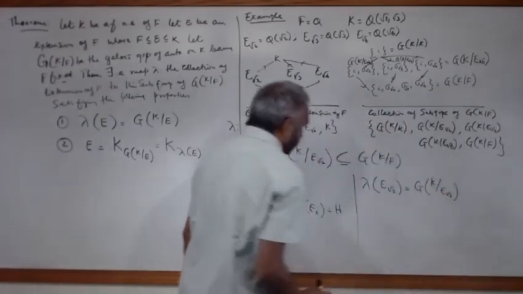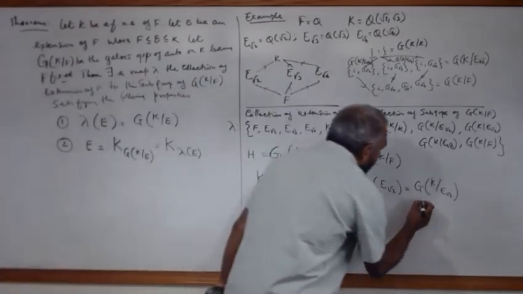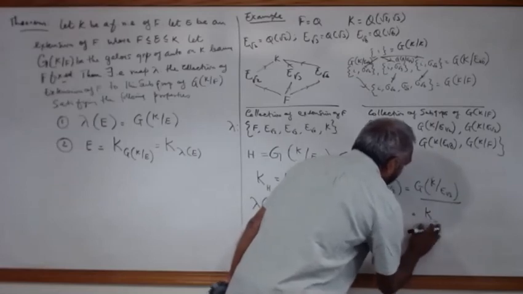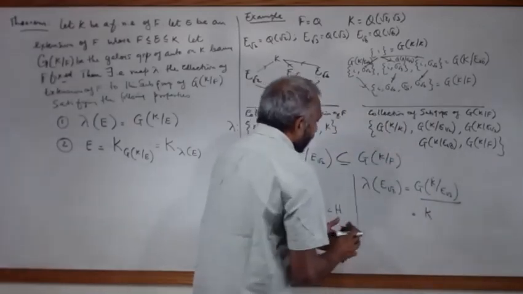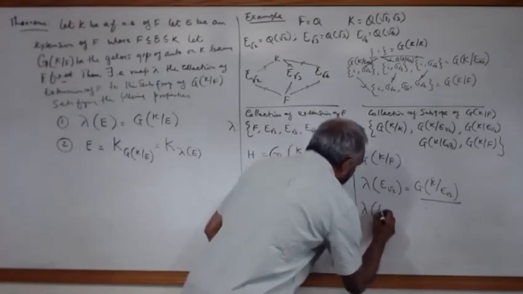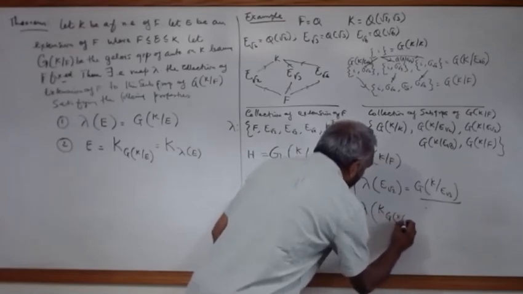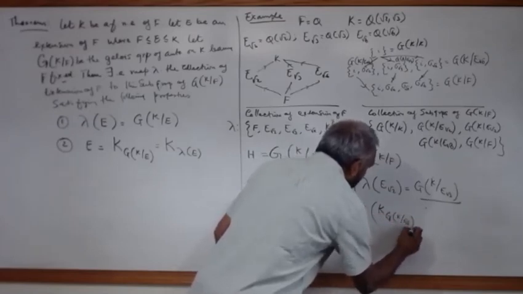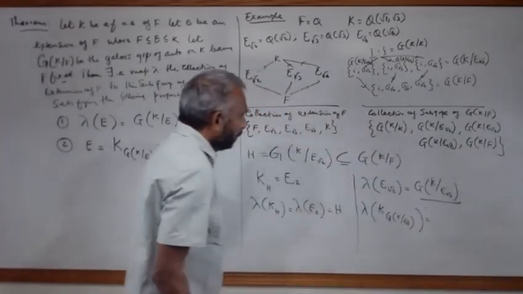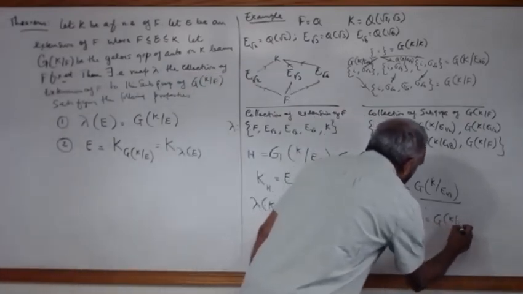This is our definition. But this I am going to write as K over the group of K of E root 2, and that is equal to the same thing, G of K over E root 2.